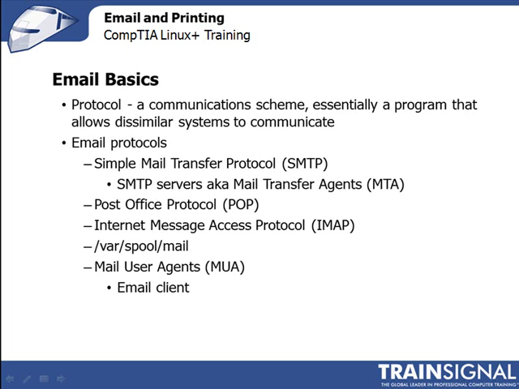But if it's intended for someone on a different domain, the MTA then forwards the message through other MTAs on the network until it reaches its destination. And further, as these messages are sent through each MTA, it's altered by adding a header to the email, which provides information about the message, usually including the path that the mail has taken.